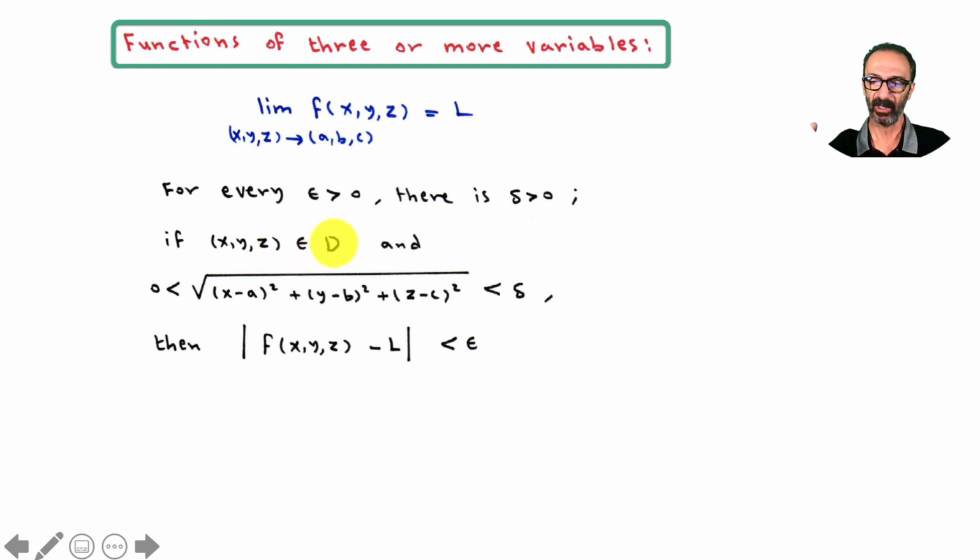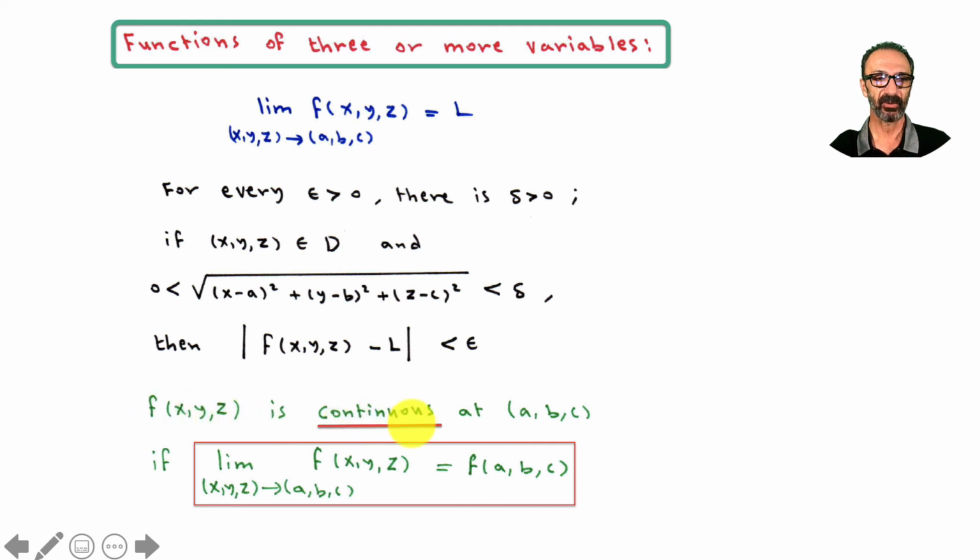In this case, we are not in a disk, we are actually in a sphere in 3D. And the distance away from a, b, c, which is the center. See, you could look at this as a sphere without the square root, right? Is less than delta, and that's my radius. Then my outputs away from L are less than epsilon.